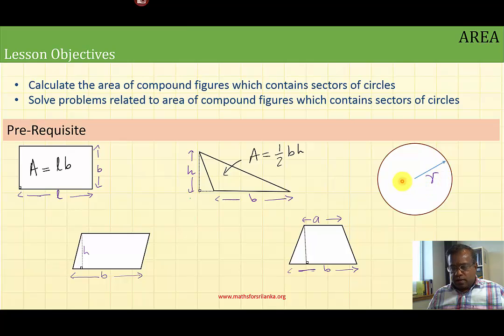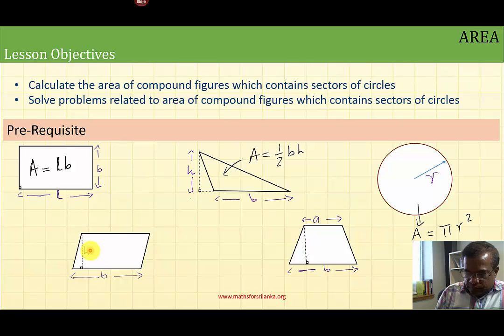Area of a circle of radius r is πr squared. So A is equal to πr squared. Area of a parallelogram of base B and altitude h is simply b times h, or bh.